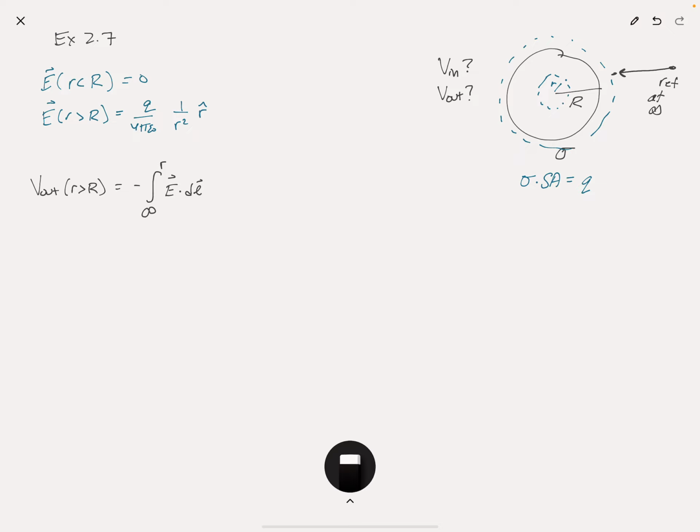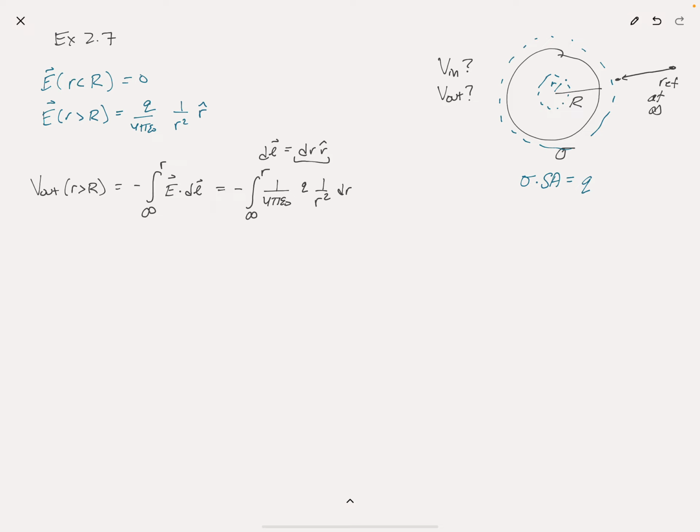And I didn't draw that very well. I want to take the simplest path, which is just along the radial direction. So I can then choose dl here to be equal to dr r hat. That r hat dots with my electric field, infinity to r, 1 over 4 pi epsilon naught, Q, 1 over r squared, dr. Okay.